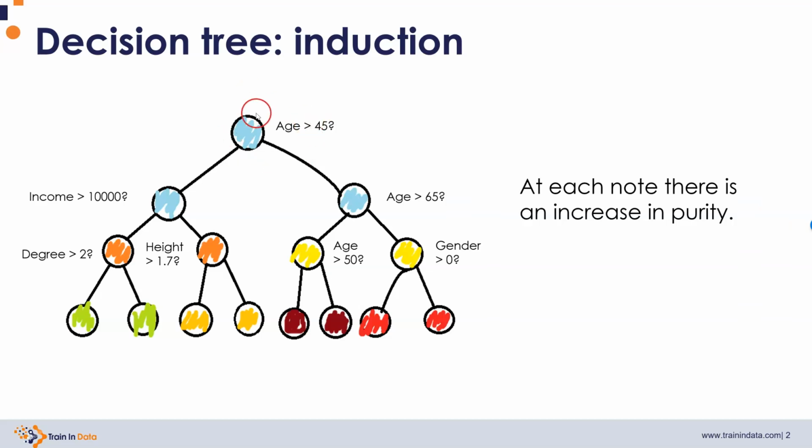At each node, there will be an increase in the purity of the data, because this is the condition that we're going to use to select the partition. So again, intuitively, features that obtain a greater increase in purity are going to be more important.